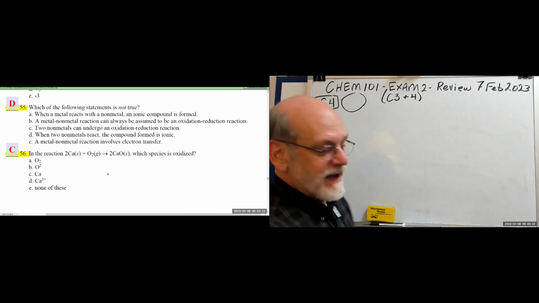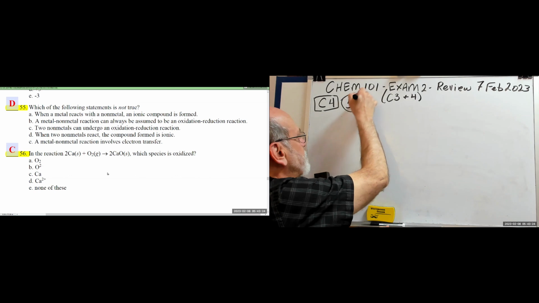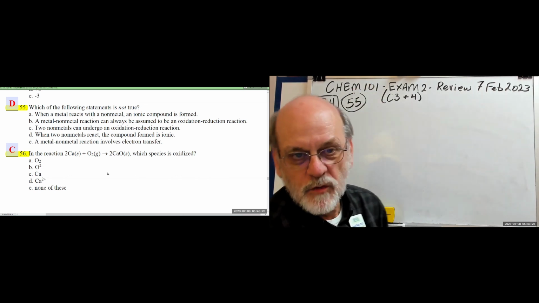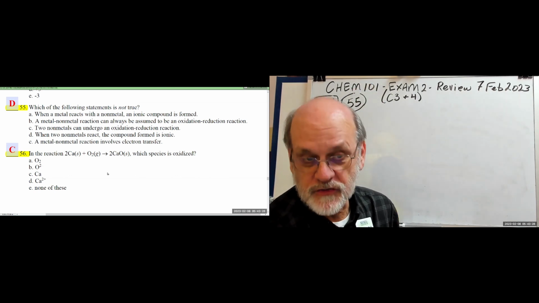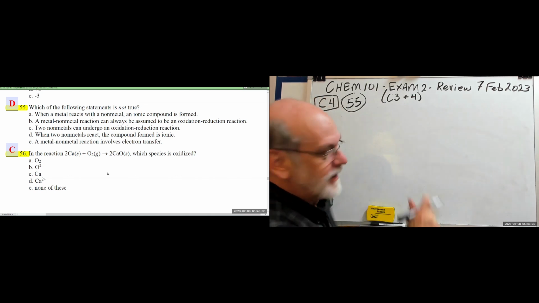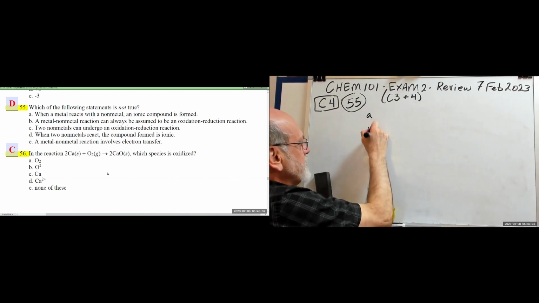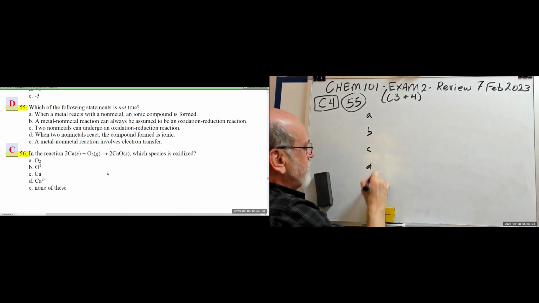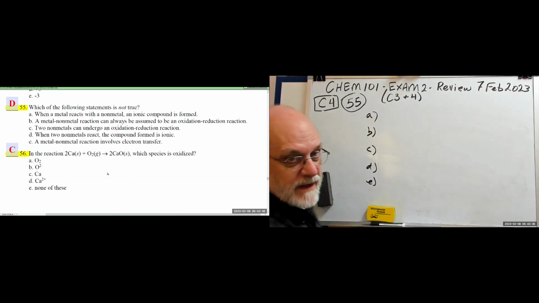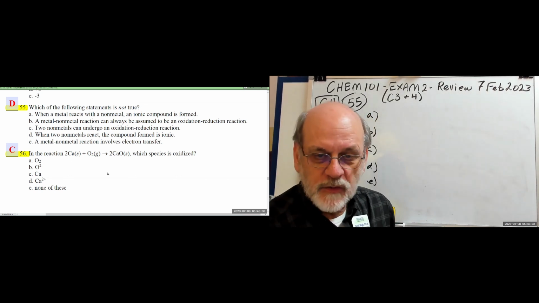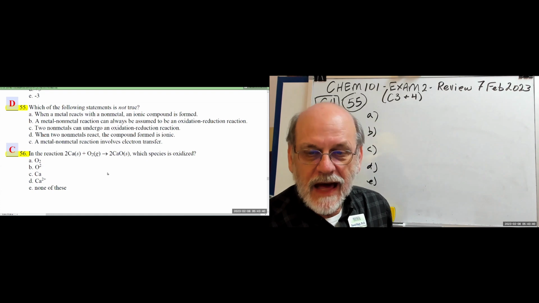All right, 55. Which of the following statements is not true? A, B, C, D, and E. A: When a metal reacts with a nonmetal, an ionic compound is formed.